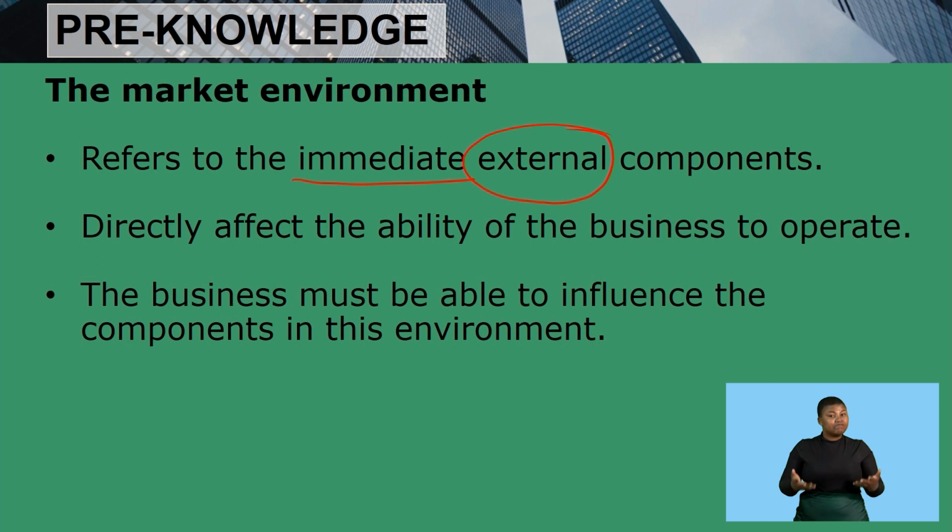And then the last one, the business must always be able to influence the components in this environment, because remember, we want to control this environment as much as possible because they will directly affect our business ability to make profit. So that is what we know about the market environment.